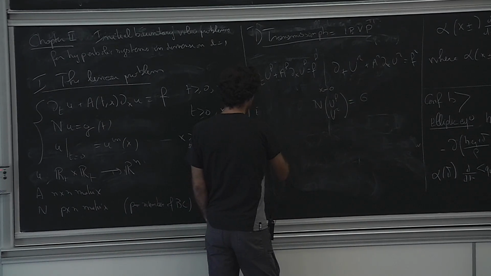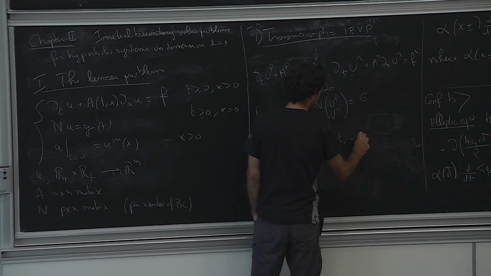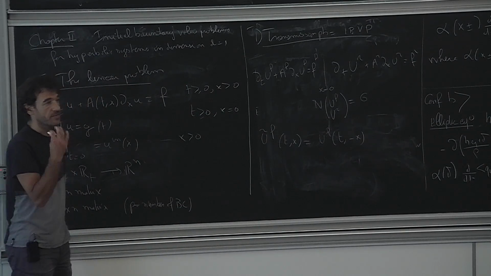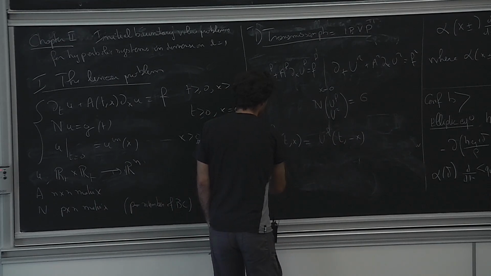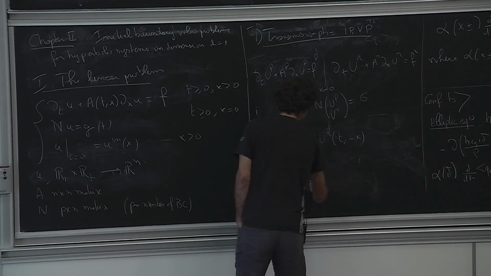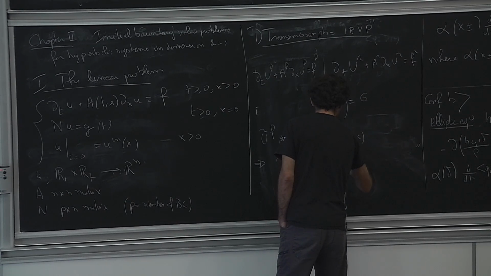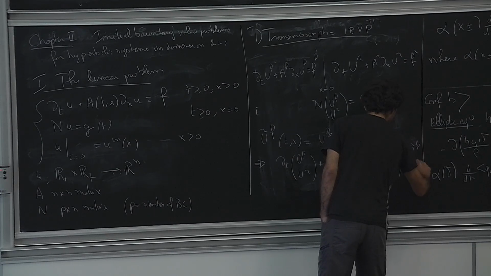You say that ũ_L(t,x) is equal to u_L(t,−x), and you do the same for all the other quantities, and then you obtain that ∂t of (ũ_L, u_R) plus minus (Ã_L, A_R) ∂x of (ũ_L, u_R) is equal to (f̃_L, f_R).